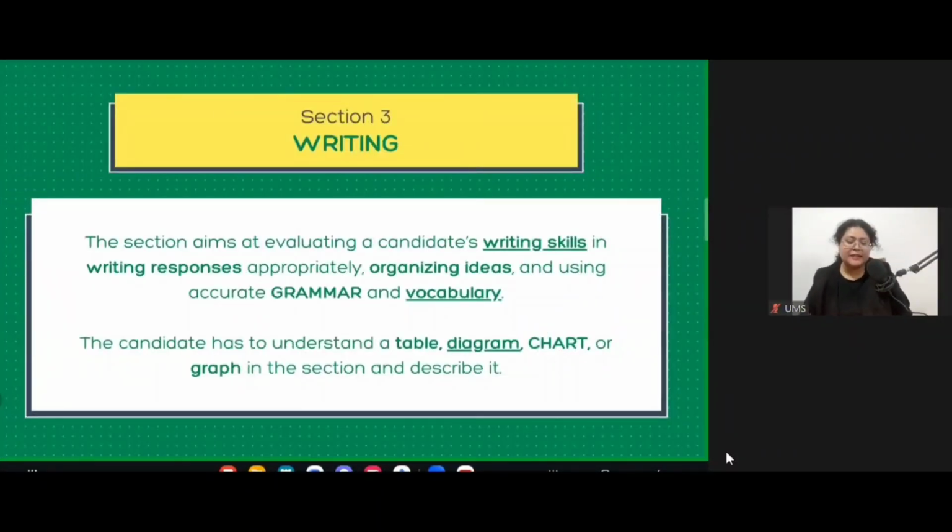Now, the writing section is probably the most infamous one out of the whole four sections. This is because students, especially from Indian boards, and we have seen professionals also, mature students, are not accustomed to writing at all.